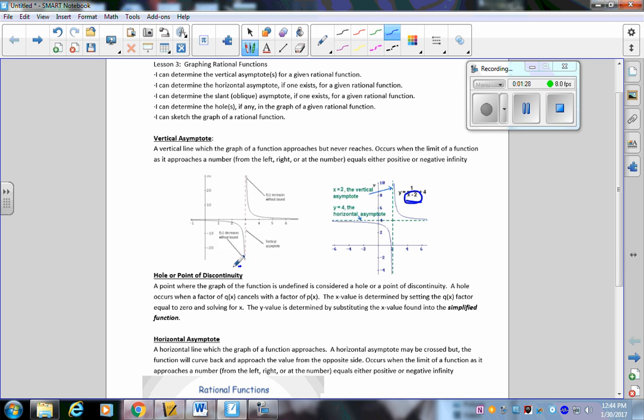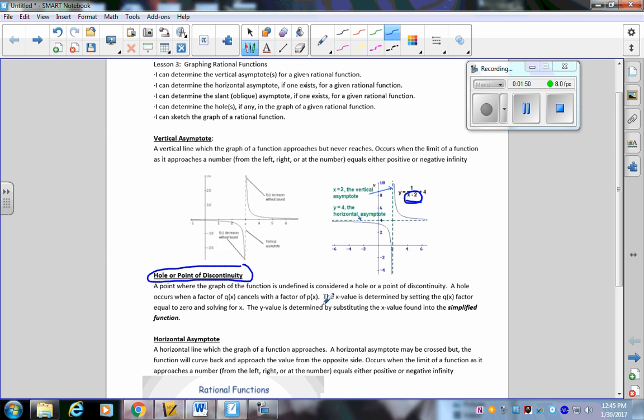Now, a new concept will be a hole, or point of discontinuity. We call it a hole in the graph, and it literally is a hole in the graph, and you'll see how I draw that. It's just another way to identify a number that, when you substitute it into your denominator, would give you an undefined denominator.